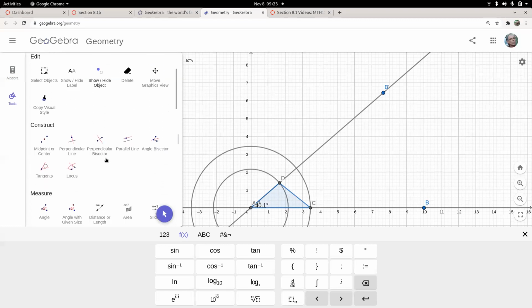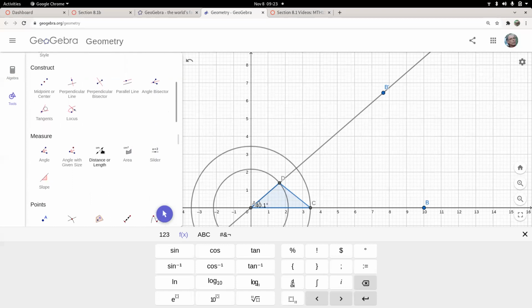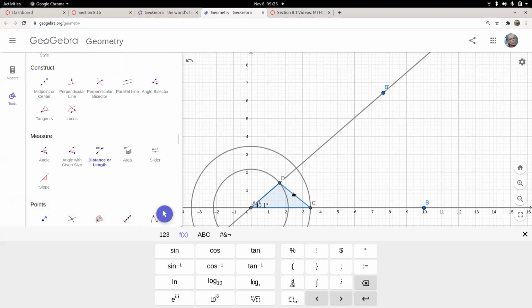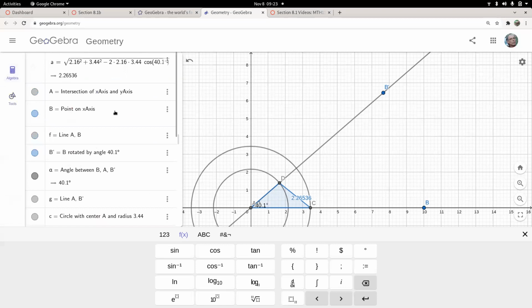Down here, there is a measure, distance or length. You can either select 2 points or the line segment or the polygon. So I'm going to select that line segment right there. And it says it should be 2.26536, which is what my algebra told me also.